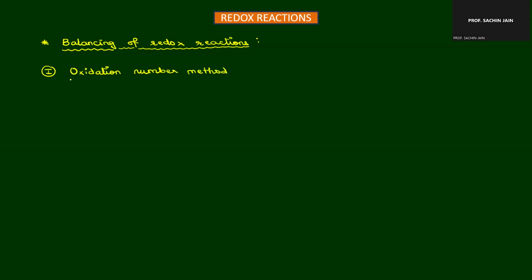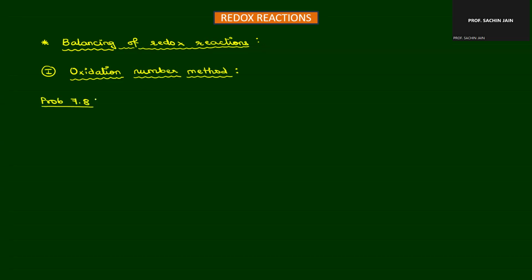The fundamental concept is that, using the oxidation number, we balance the increase in oxidation number with the decrease in oxidation number. There is a set of rules we are supposed to follow to get to the correct balanced redox reaction. So let's start with the first example, problem number 7.8.